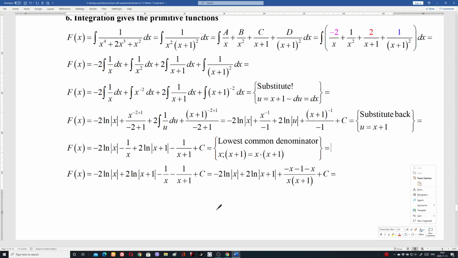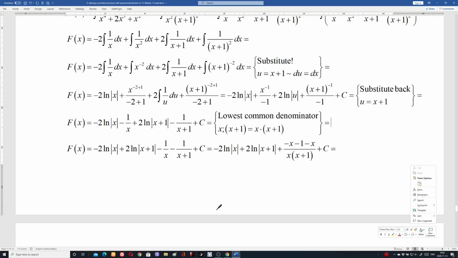And when I do the calculation, I will receive this one here, so I will solve this here and this here, which gives this one here. This one is the same. 2 ln is the same. The c is the same, but this one and this one is this one here.